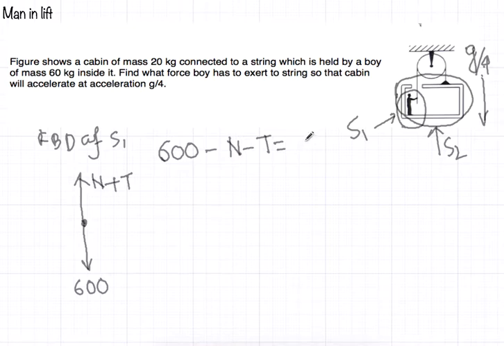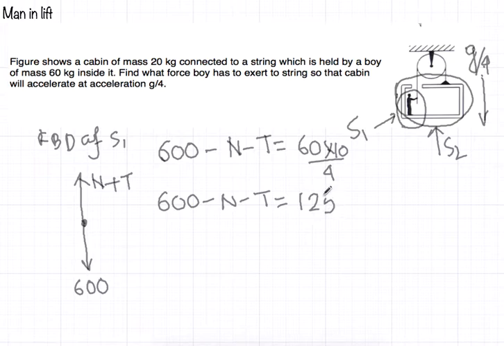So what we can write? 60 into g, that is 10, by 4. So instead of that we can write 600 minus N minus T is equal to 600 divided by 4, which is nothing but 150. This is our first equation.